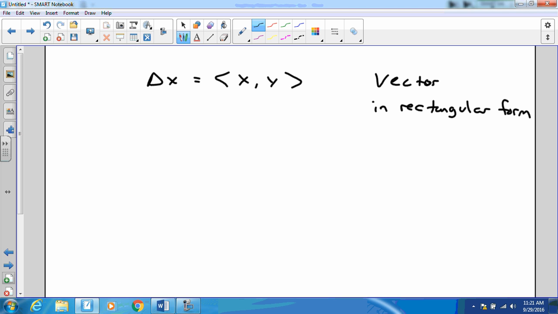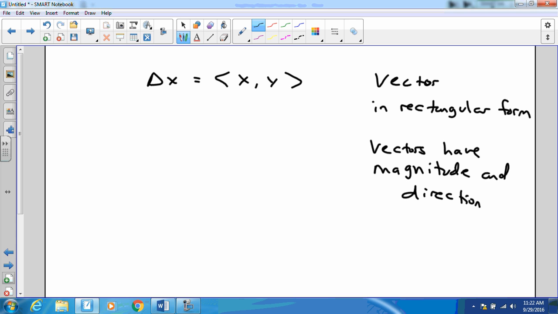Okay. Now, earlier I mentioned that vectors have magnitude and direction. In fact, that's one way that physicists define vector quantities. So what does that mean to say that this vector here has magnitude and direction?